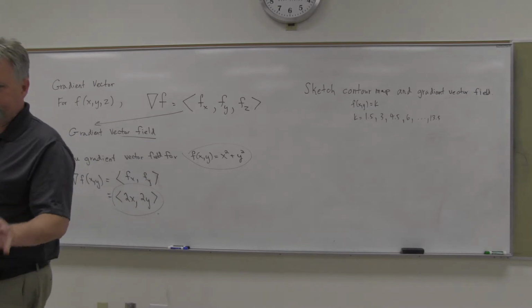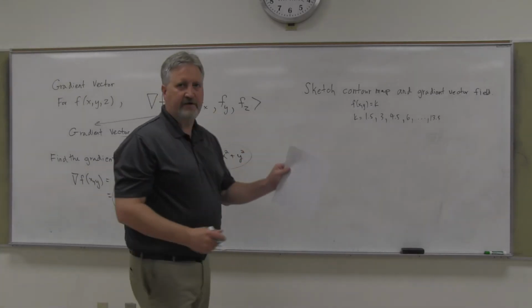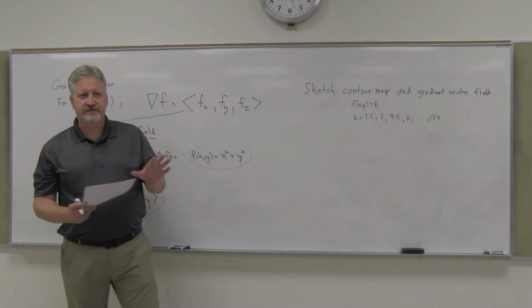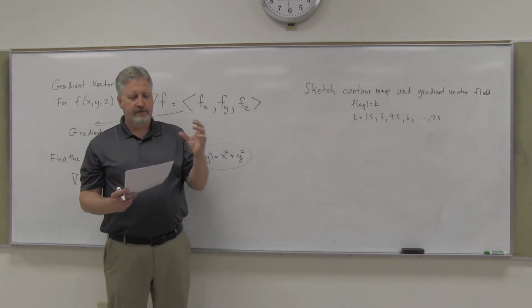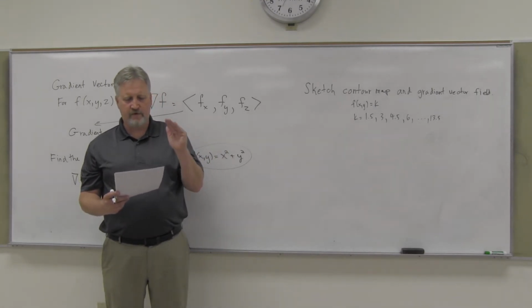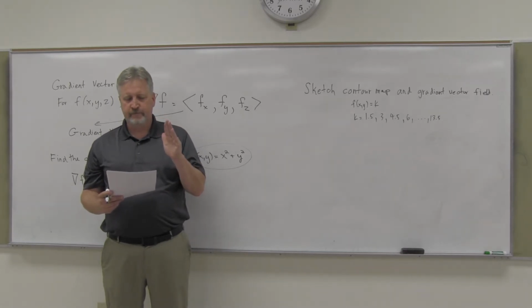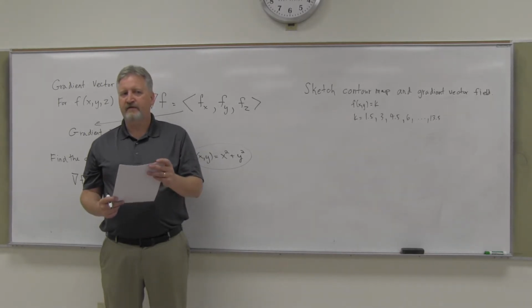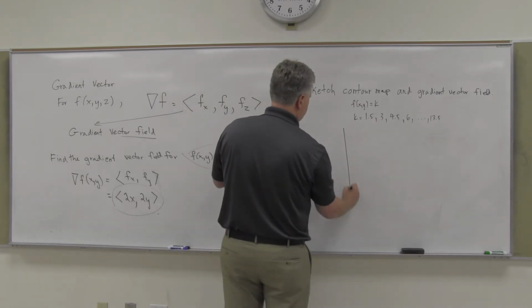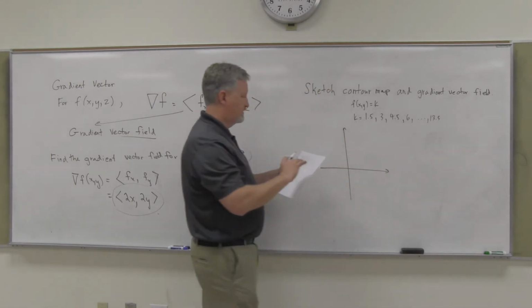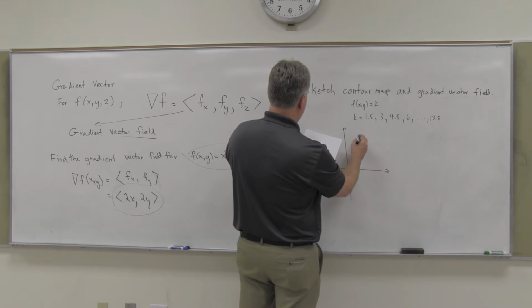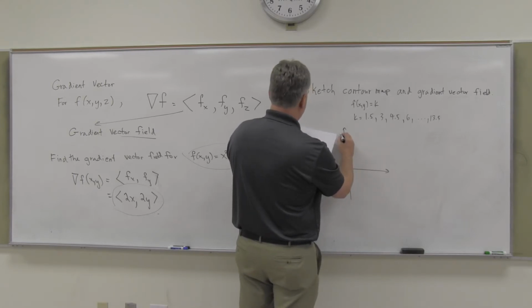But here's a couple of things to note. I've got it sketched on the paper here. One thing to note is the contours, and if you can find one where you've got a contour touching a vector, do you notice something about the contour and that vector? Think about the tangent line to the contour map, the actual vector there. Like right out here, it looks like it's about 2.5 as far as the x and y is concerned.